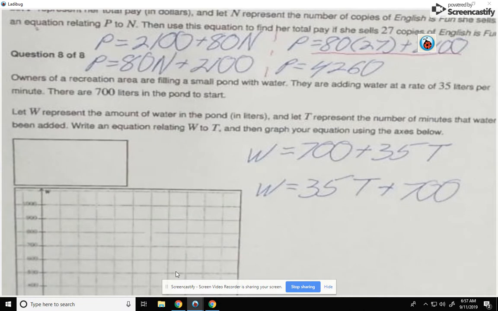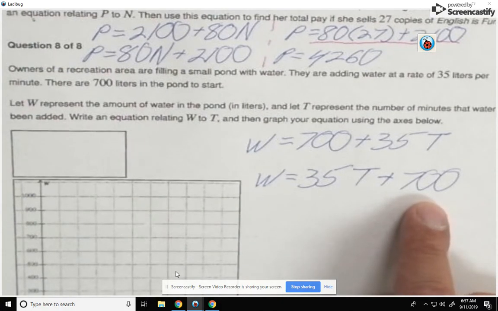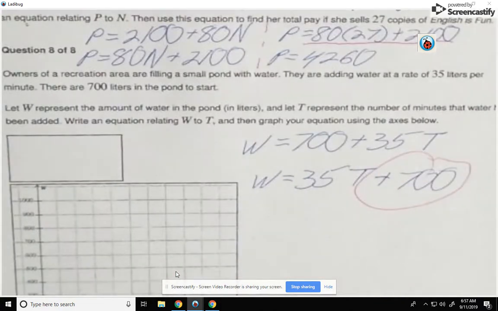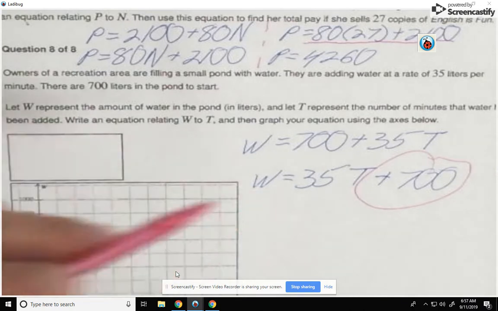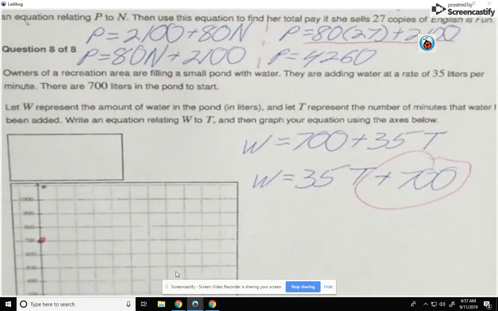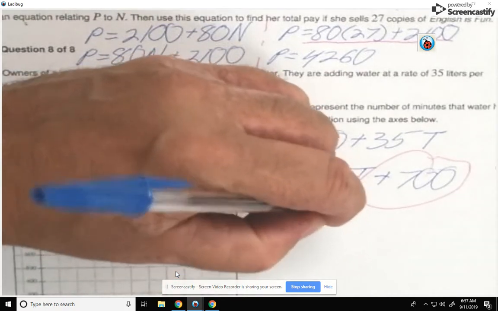Okay, from here, they want us to graph the equation. Okay, so we can start with our y-intercept of 700. And then from here, we have a slope of 35. You can just go ahead and plug a random number in here to use it. I want to use, say, a time value of 4.